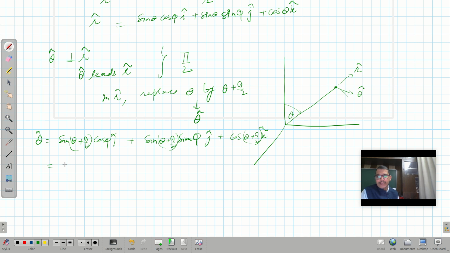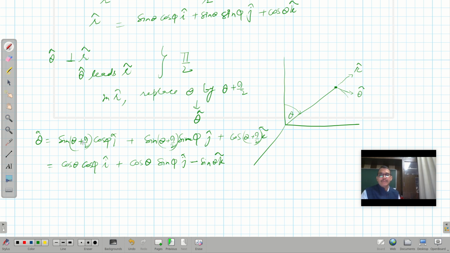So I can write it as cos theta cos phi i cap plus cos theta sine phi j cap, sorry, not plus but it will become a minus sine theta k cap.